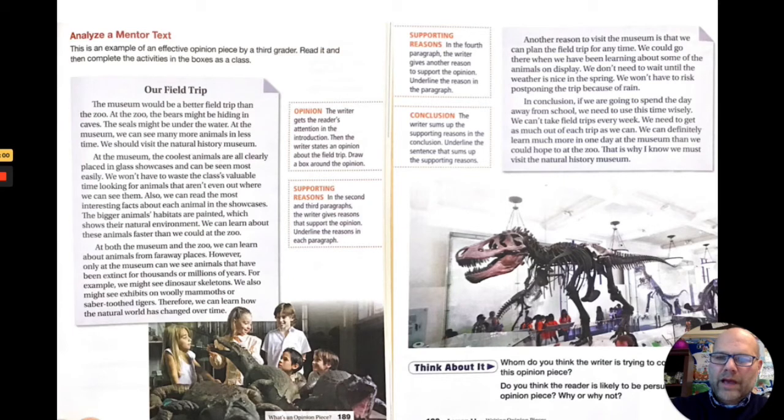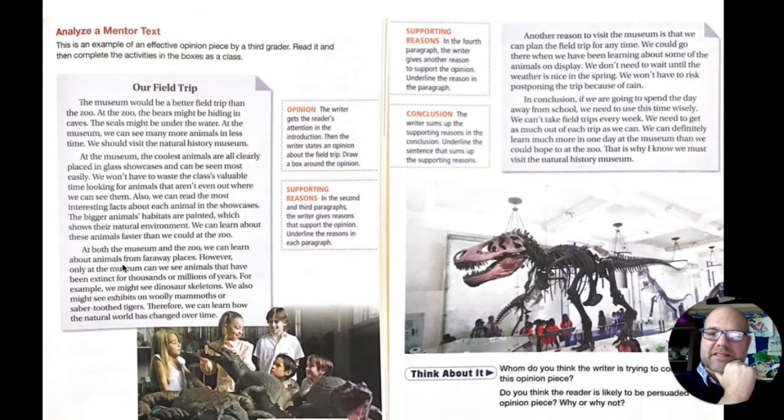We won't have to waste the class's valuable time looking for animals that aren't even out where we can see them. Also, we can read the most interesting facts about each animal in the showcase. The bigger animals' habitats are painted, which shows their natural environment. We can learn about these animals faster than we could at the zoo.